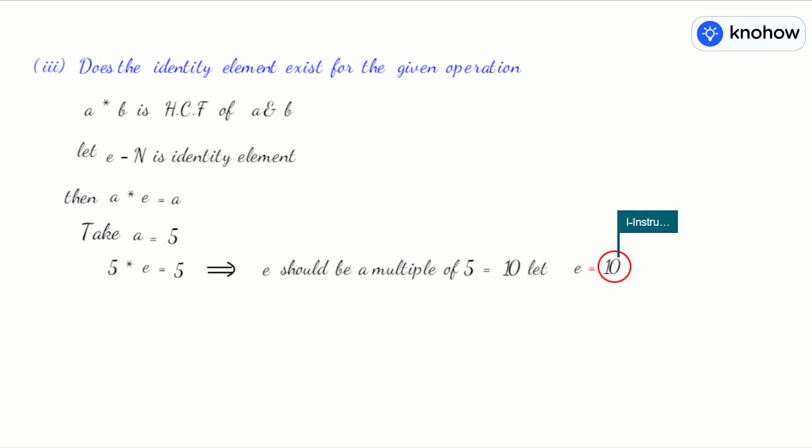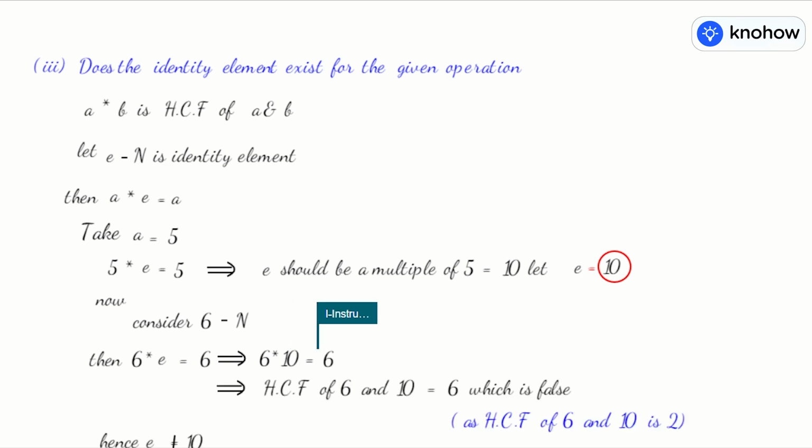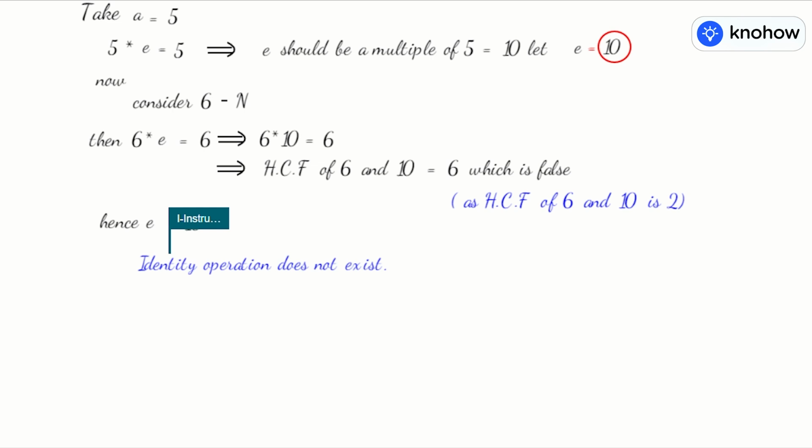If I take any other number, suppose I take number 6, then 6 star E, we say E could be 10. What is the HCF of 6 and 10? It is 2. So it is not 6. So that means the identity element for the given operation HCF does not exist. Please conclude that the identity element does not exist for the given operation HCF.